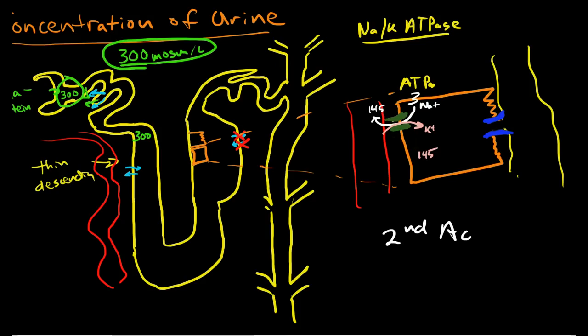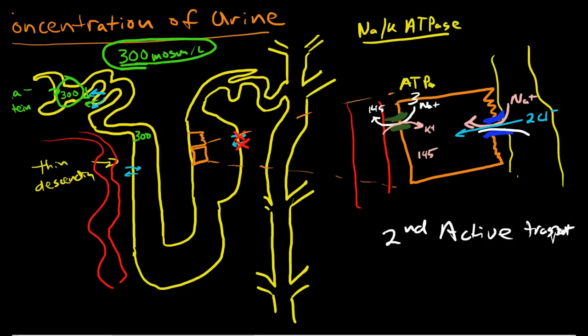Because this is using the concentration gradient of sodium in this cotransporter to pull in 2 chloride and 1 potassium.